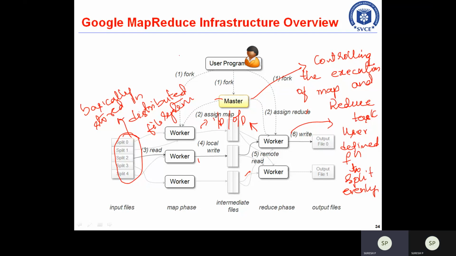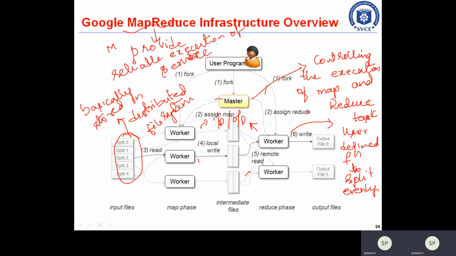MapReduce is going to provide you reliable execution of the services. How is it going to provide this?